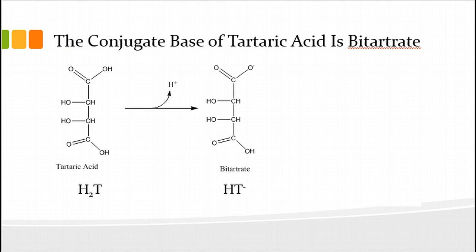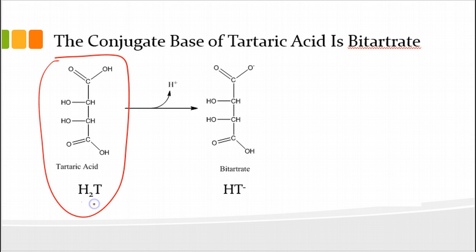Remember, we talked about the fact that the conjugate base of tartaric acid is bitartrate. So here on the left is tartaric acid, and we often call that H2T because it has the two acidic protons still attached. Acidic protons are there and there.